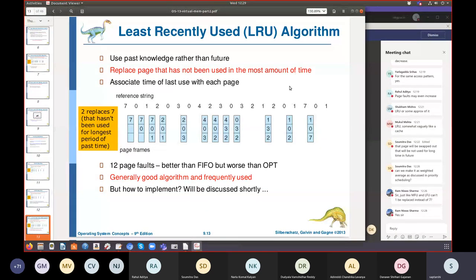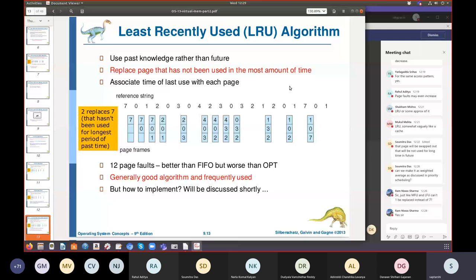So since optimal is not feasible, use past knowledge. Replace that page which has not been used for the most amount of time in the recent past. If a page has not been used in the recent past, we assume that it won't be used for a long time in future. It's just an assumption. It may not hold, but that's the assumption.